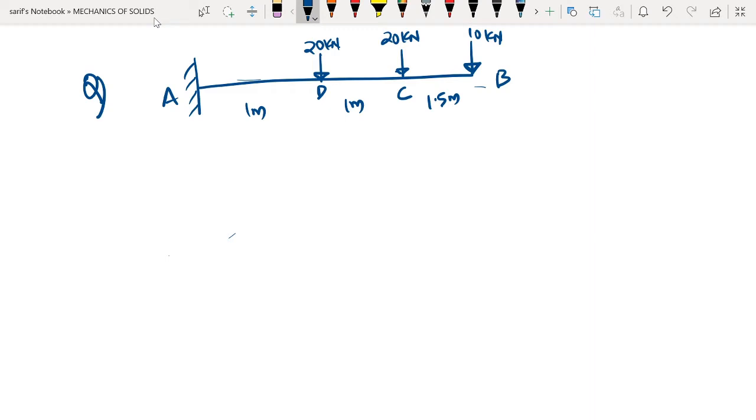So let us consider section CB to begin with. Let us redraw the figure.